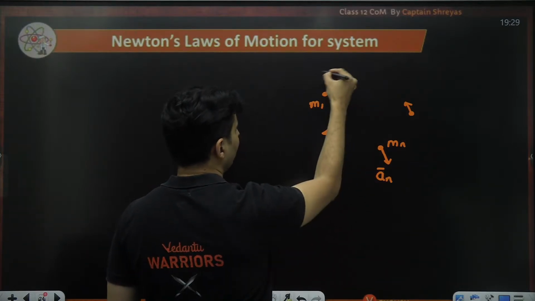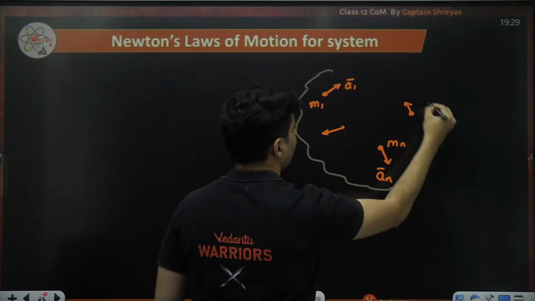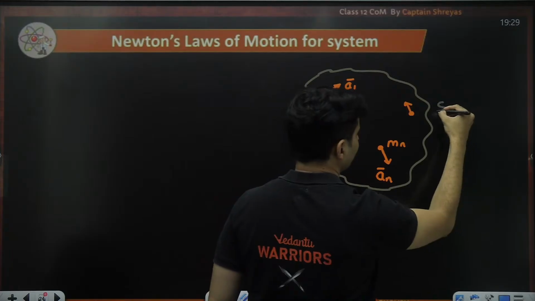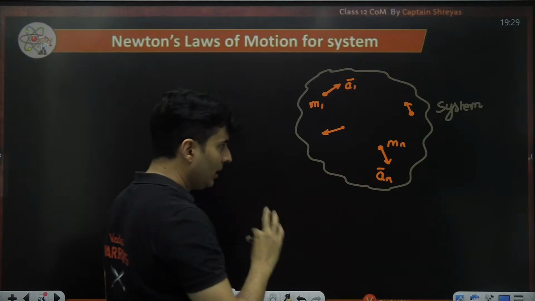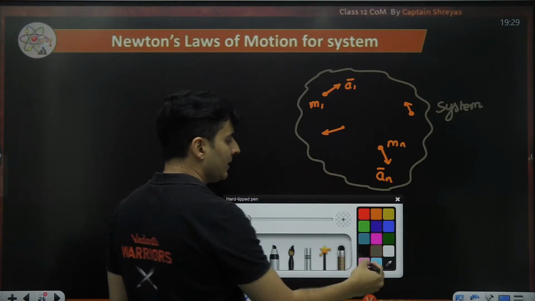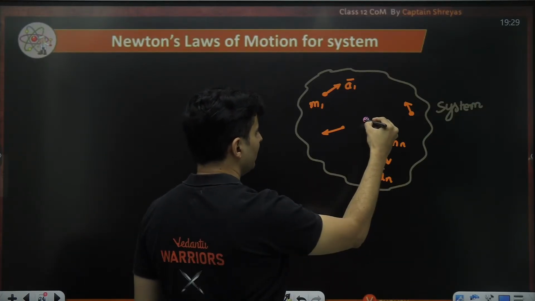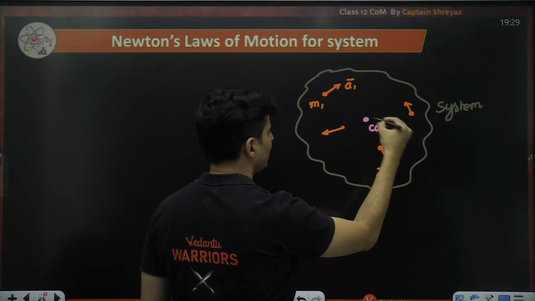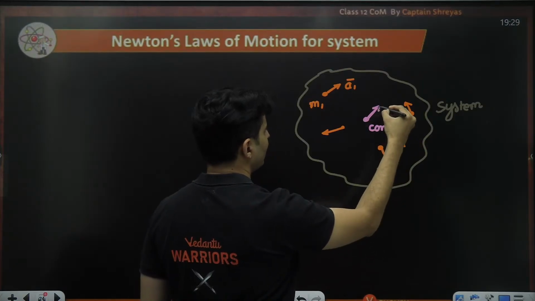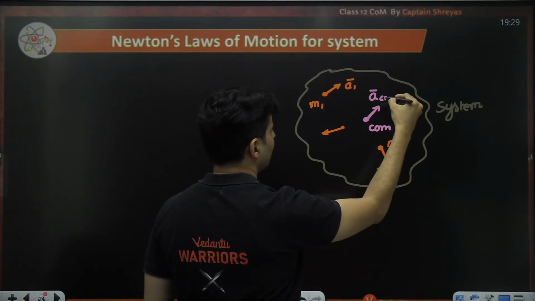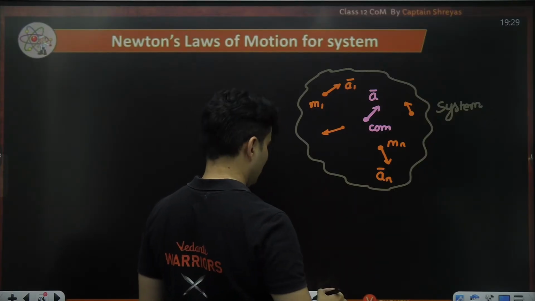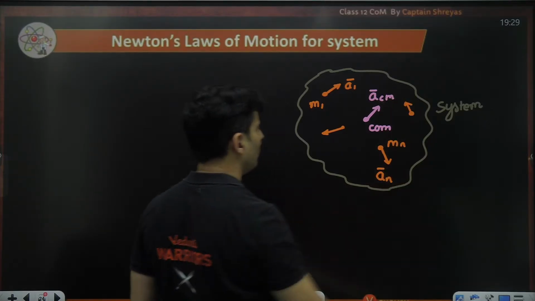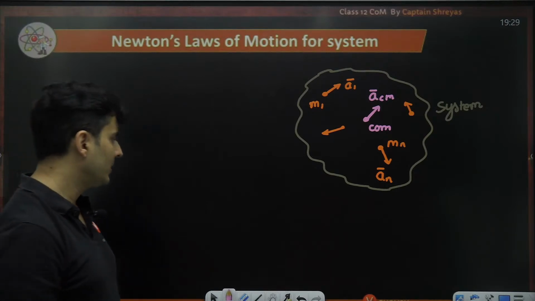This then becomes my system. And the center of mass will be somewhere here. The center of mass might have its own acceleration, let's say ACM. ACM is the total acceleration of the center of mass.